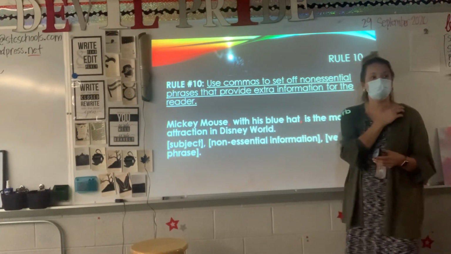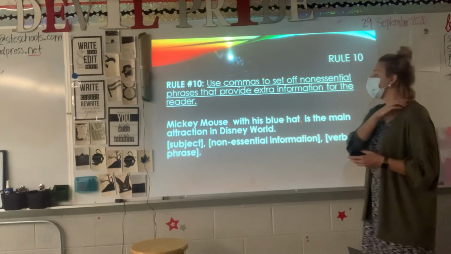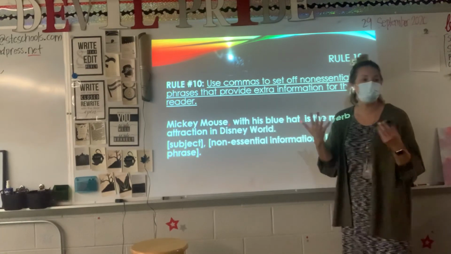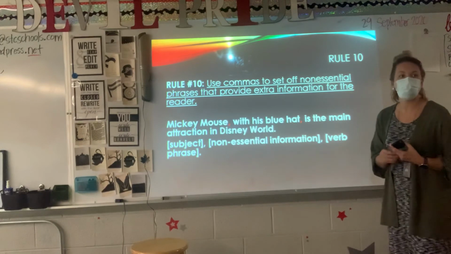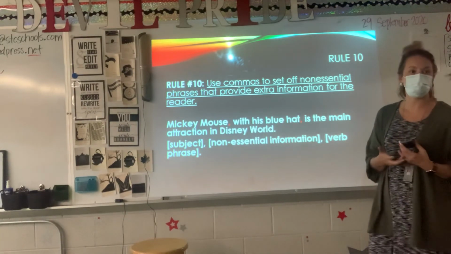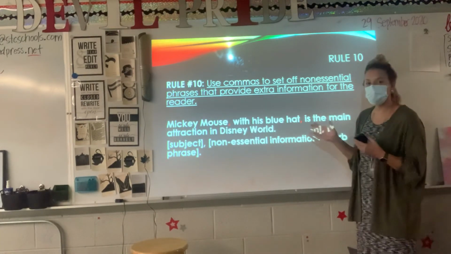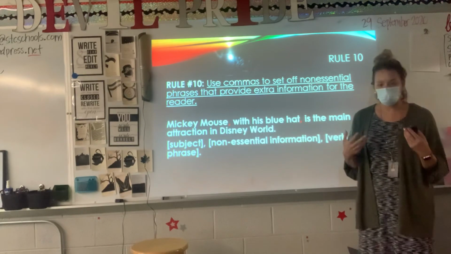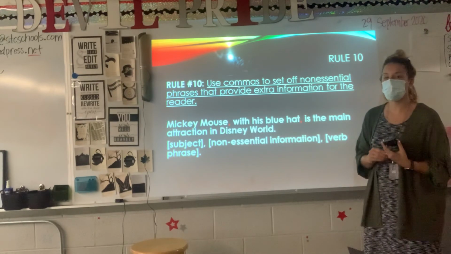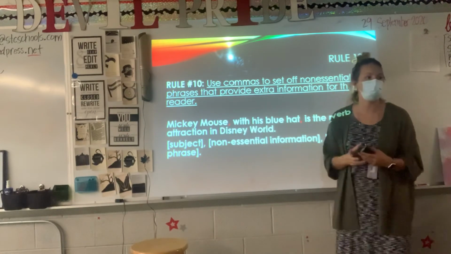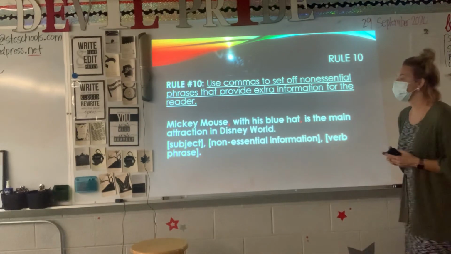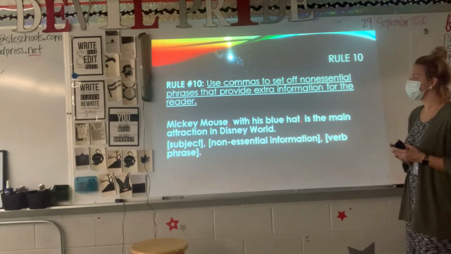It's no longer an appositive in this case. But it's just non-essential information, extra stuff. If I took it out, I know I would be left with a complete sentence, therefore I've used my commas correctly. So it's very similar to rule number 9. A lot of these rules are very similar concerning commas. It's just that what's inside of the commas is a little bit different. So go ahead and give number 10 a practice.